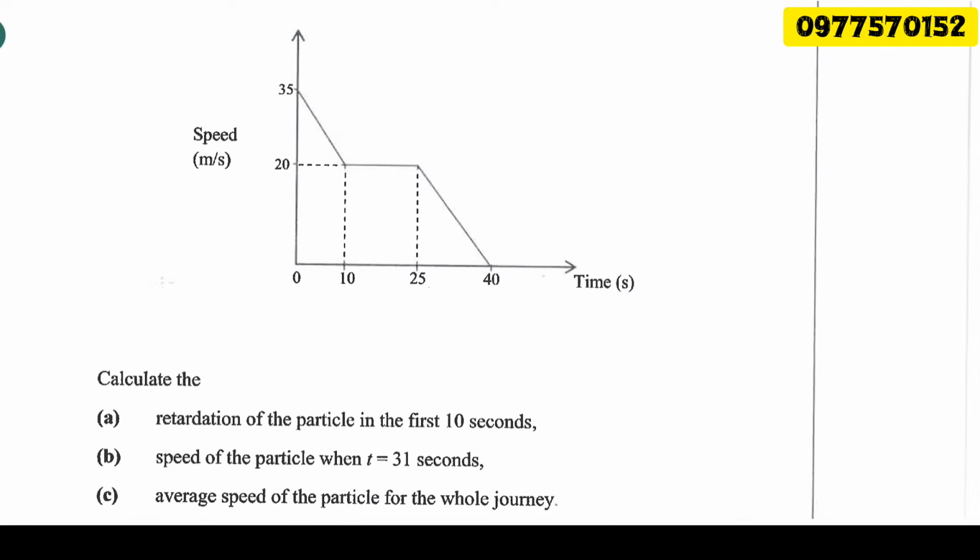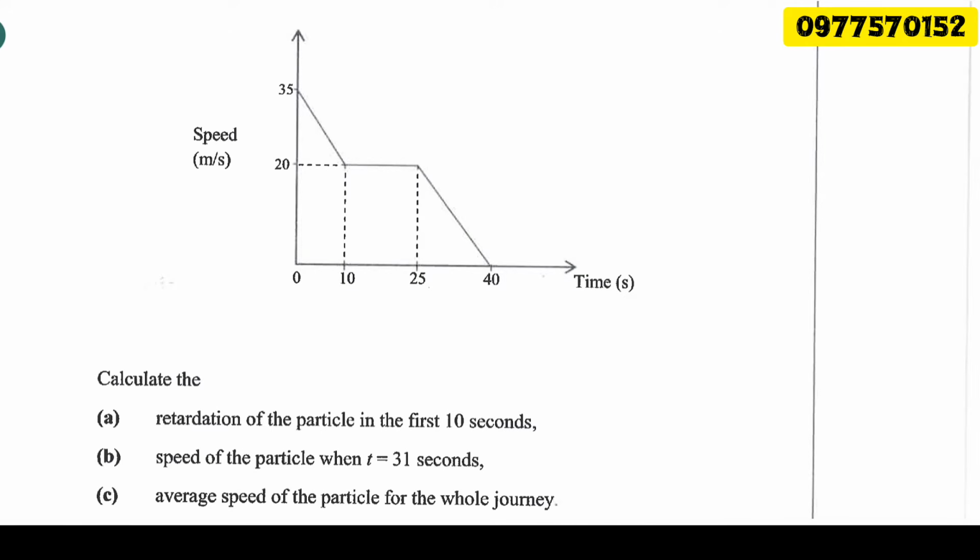The first question is saying, calculate the retardation of the particle in the first 10 seconds. So, this is the first 10 what? The first 10 seconds, okay? Now, to calculate retardation, we are going to use the formula for acceleration.